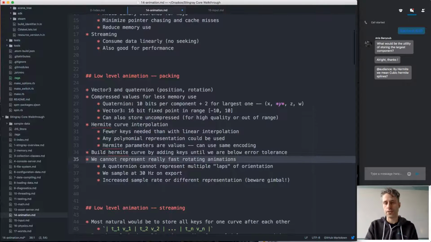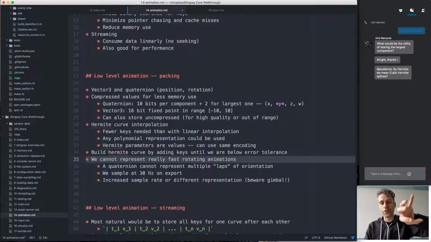A quaternion just represents an orientation of that object. It doesn't know if the object has spun around multiple times to get to that orientation. There's no way of representing multiple laps of rotation with a quaternion. It's just a single orientation.